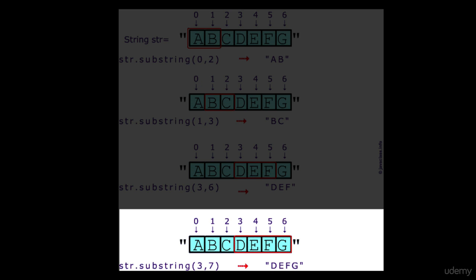And that is taking us all the way down past the 6th index. So this doesn't fail because we are following the rule. The second argument is up to, but not including. Okay, so that's why it's just going to take us from D to G, and that's what we have there. Let's go back into Eclipse and learn some other things about strings.